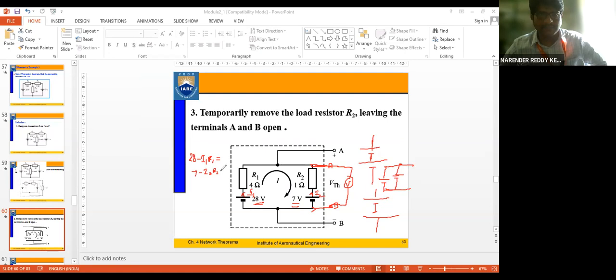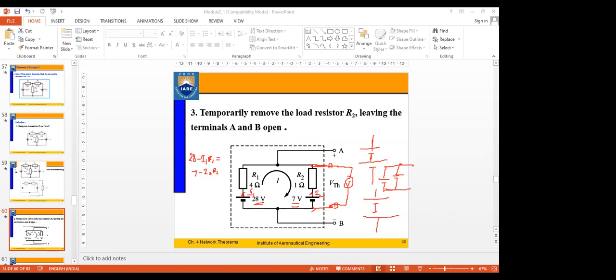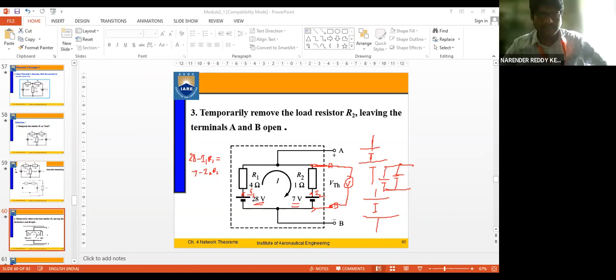Because somehow I need to get the value of either I1 or I2 to get the value of this voltage drop across A and B. So what is the condition we can assume here? We assume that the current I1 should be equal to I2, because we don't have two equations there, so only one variable.